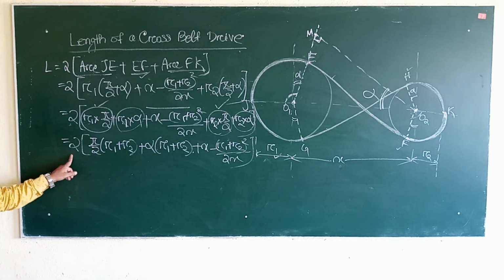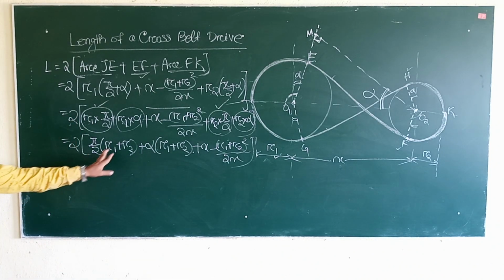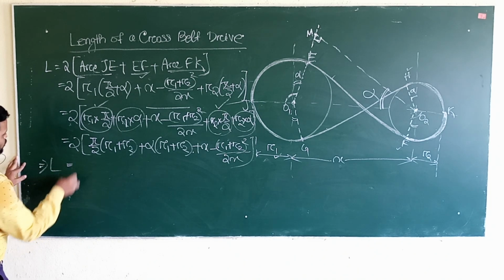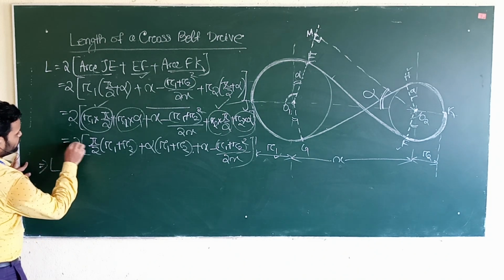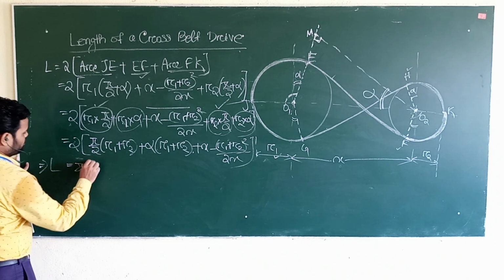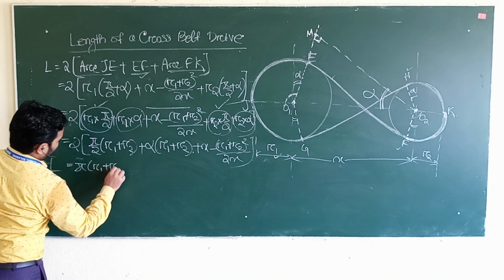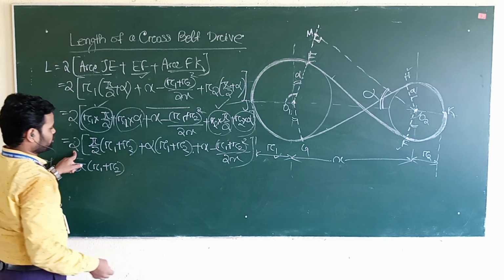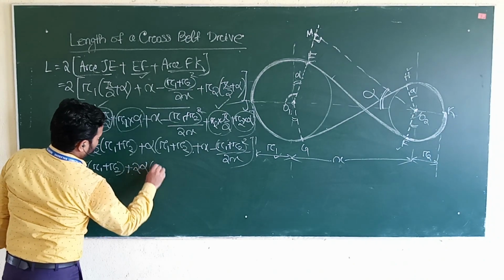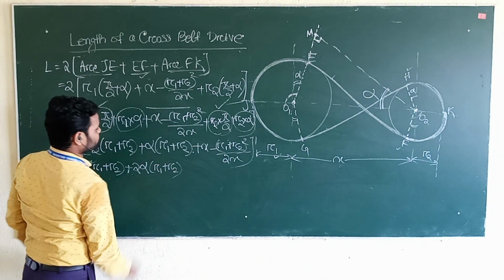Now, the 2 which is present outside the square bracket, we will multiply in each term. So what will happen? That implies L equals 2 into 2 into pi by 2, so the 2 cancels out. The remaining term will be pi into r1 plus r2. Then if we multiply 2 here, we get 2 into alpha into r1 plus r2.